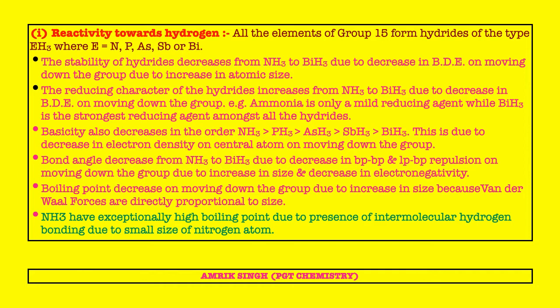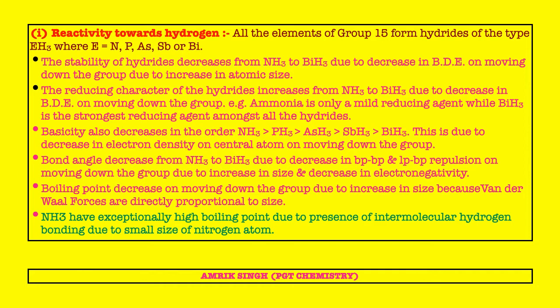The stability of hydrides decreases from NH3 to BiH3, that is on moving down the group, due to decrease in bond dissociation energy on moving down the group, due to increase in atomic size.